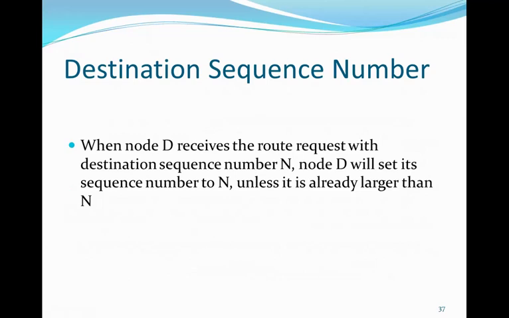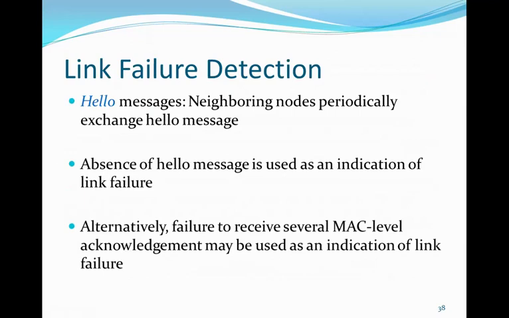And other packets created by these nodes will definitely have the higher sequence number. We can detect the link failure with the help of hello messages, in which the neighboring nodes periodically exchange hello packets with one another.